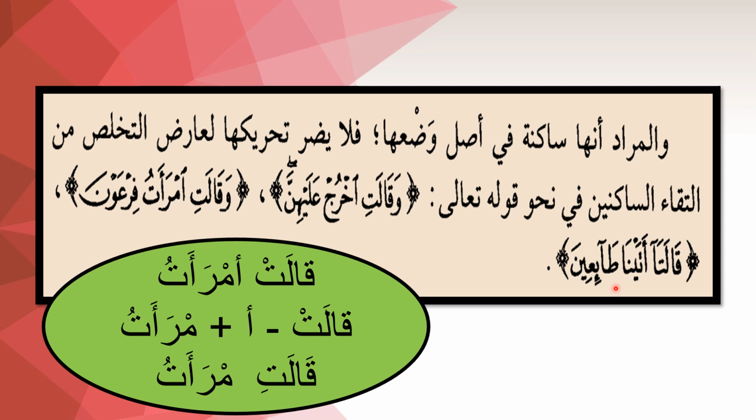Atayna ta'i'in, they say, the two females say, Atayna, we came obedient. Ta'i'in, obedient. So let's see this example, how the two sukuns meet. So the example is qalat. So originally it is ta with sukun. Imra'atu. So this is with the hamzatul wasl.